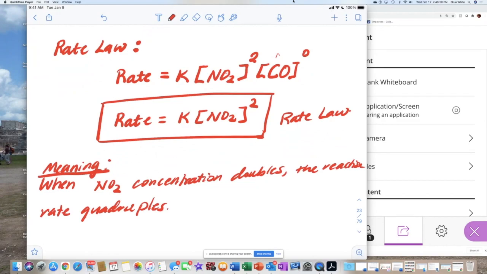Because it's squared, right? So it quadruples. It doesn't just double, it quadruples. If it was first order, it would actually double.